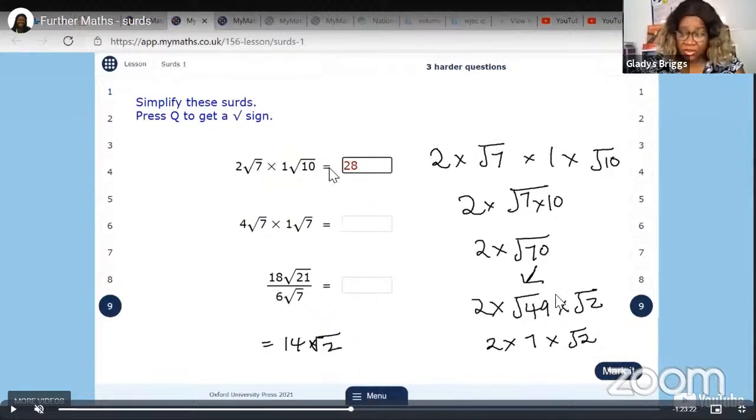Yeah. So there's another one. These are like more complex questions that we did on my maths. Okay, and this was to simplify root 7 times root 10, and we just wrote them all out. Yeah, and then we simplified the whole thing.